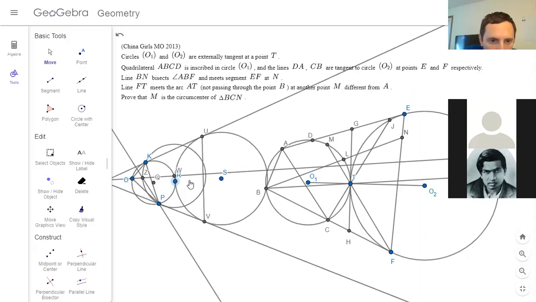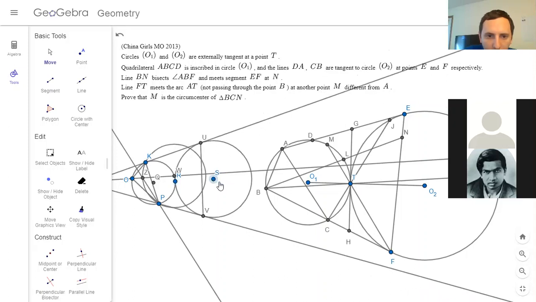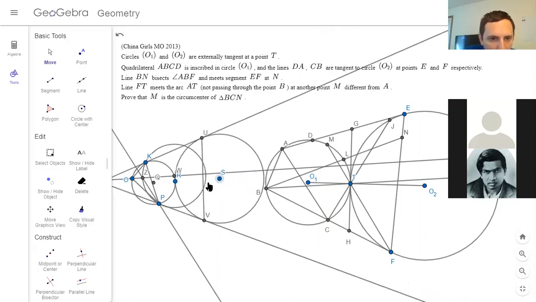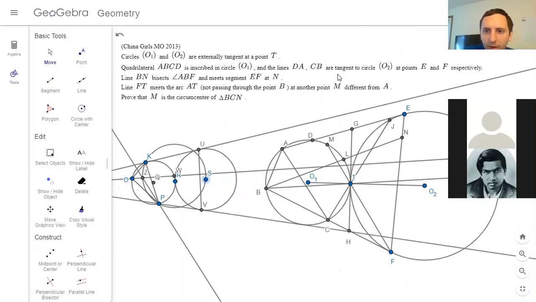Now it just doesn't look true that it passes through the excenter. Maybe I'm missing something. Let me check the chat. Where did we use point D? I don't think we did use point D. I think we just need that AE is tangent. Yeah, point D is pretty much irrelevant.